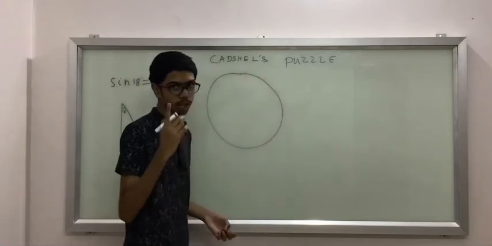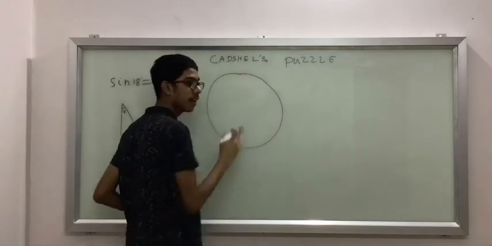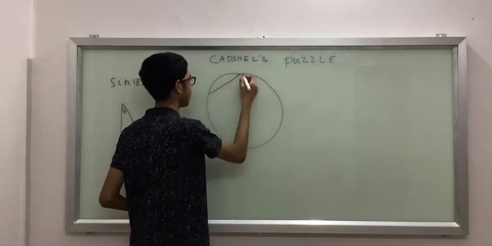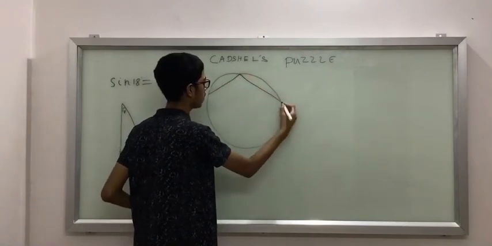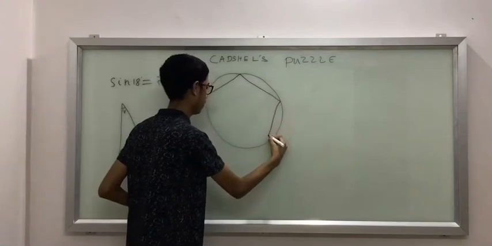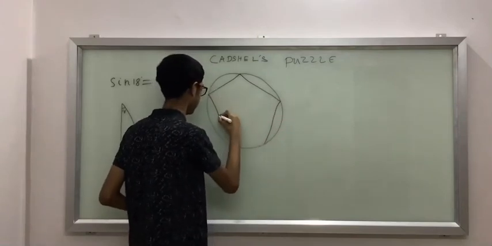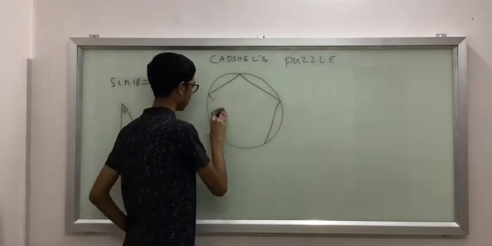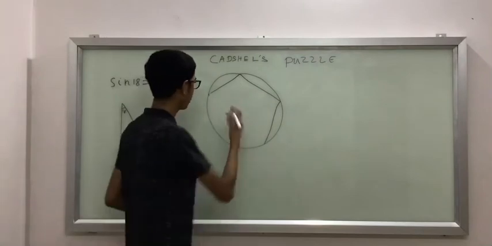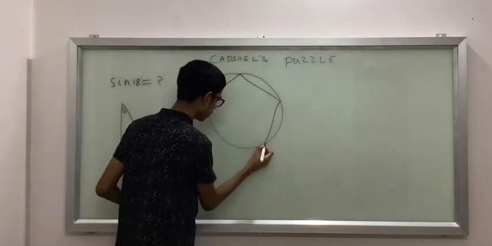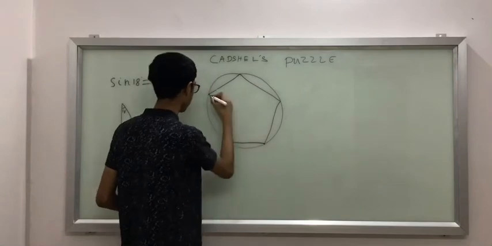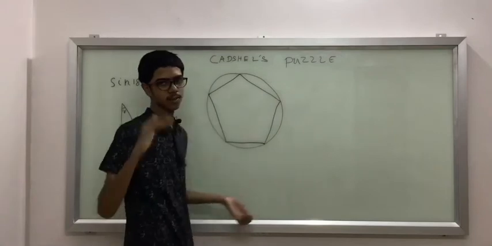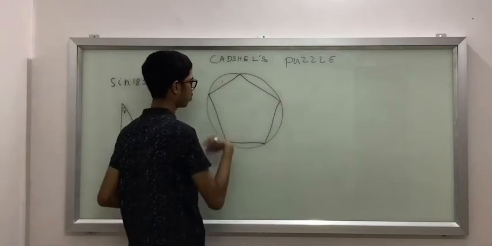That time I drew a square, but this time I will draw a regular pentagon. Okay, assume that this is a regular pentagon, and I'm thinking that all side length is 1.